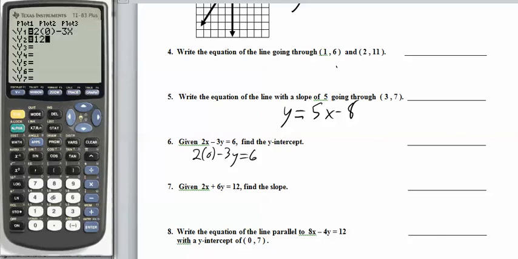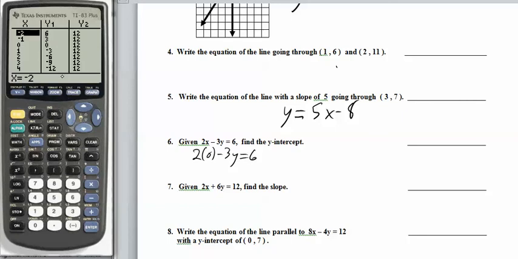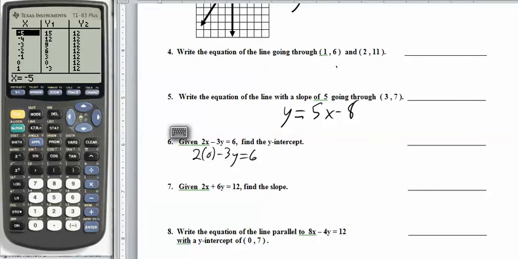Put this in y2 and go into our table and find out where those are the same, and that would be your solution. So y would be -4. So the y-intercept would be (0, -4).